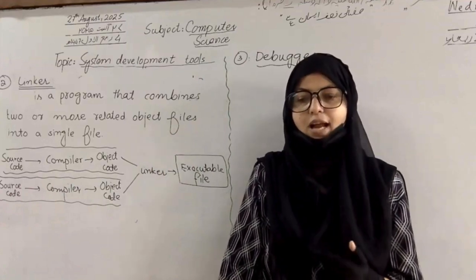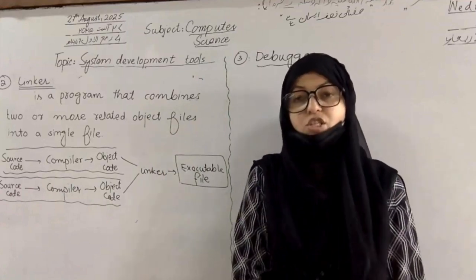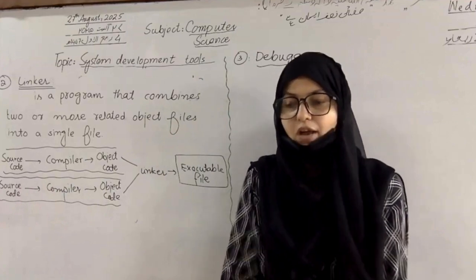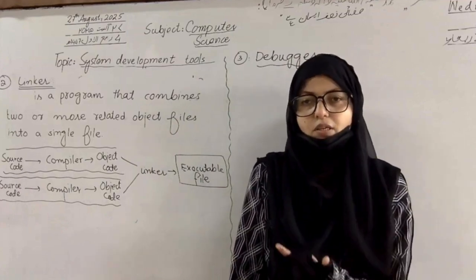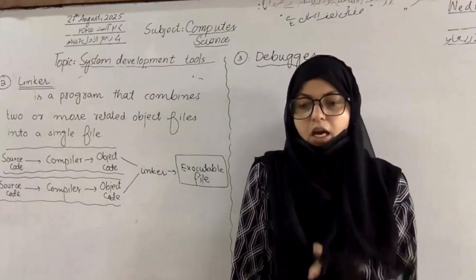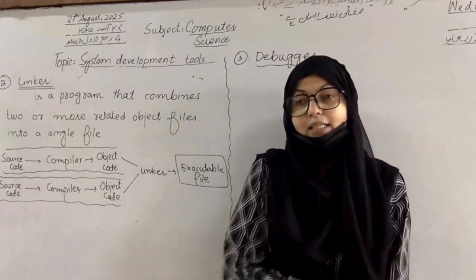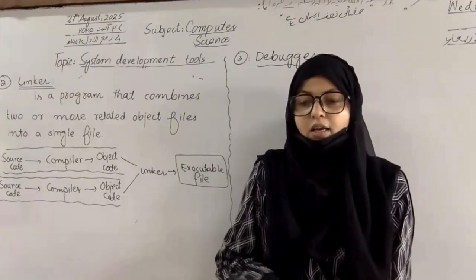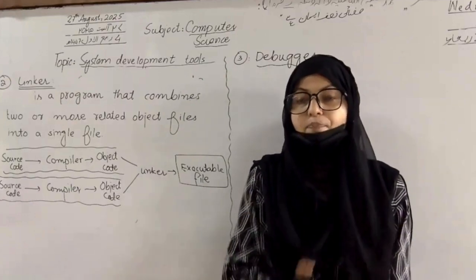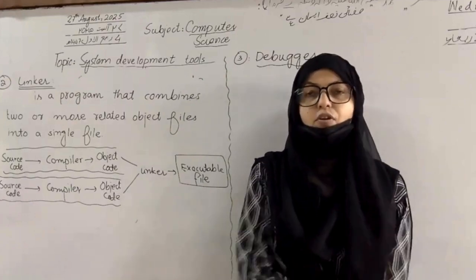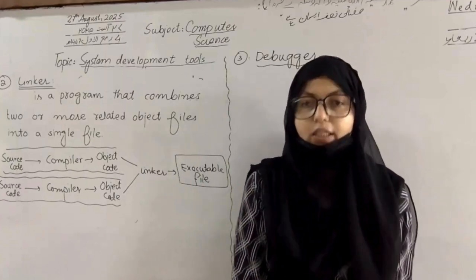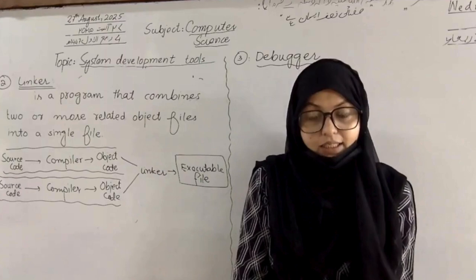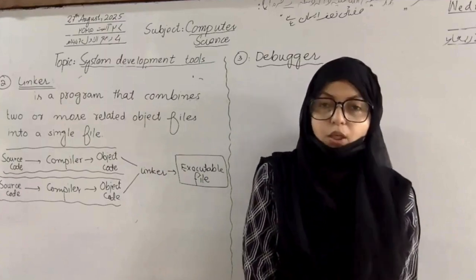So the errors which we may find in object files are known as bugs. Before debugger, we must have known a bug. A debugger is a program that tests object files for bugs and removes bugs. The process of removing bugs is known as debugging, and debugging is going to be done with the help of the debugger.